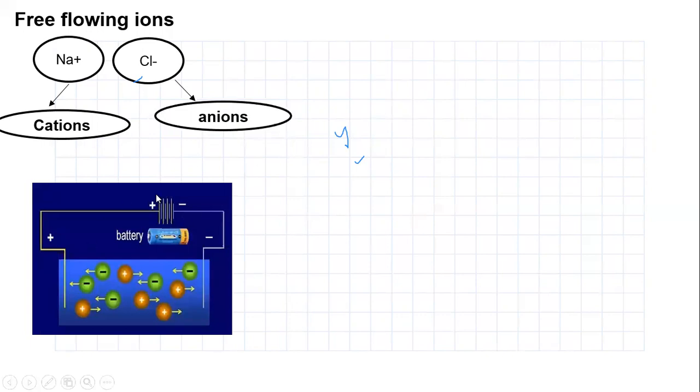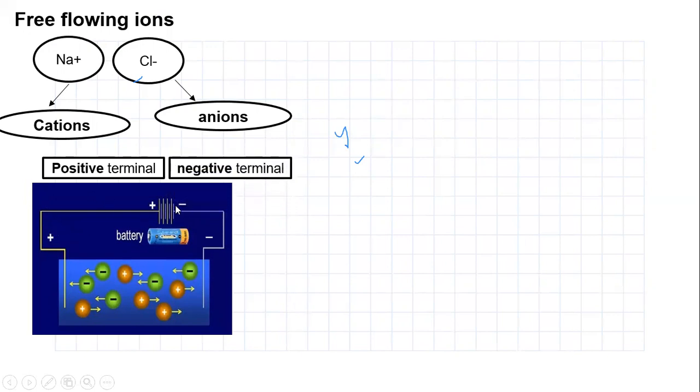Here in this circuit, you can see a complete circuit where the positive terminal of the electric cell is attached to a carbon rod. So we call it positive, and the negative terminal of this electric cell is attached to this carbon rod.